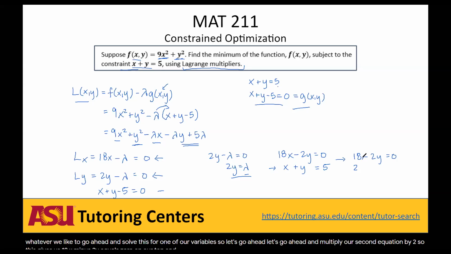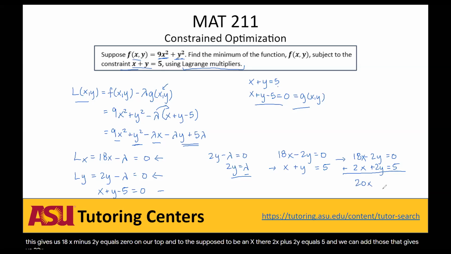And 2x plus 2y equals 10. And we can add those. That gives us 20x plus 0y, since our y terms cancel out here, equals 5. So therefore x equals 5 over 20, which is also equal to 1/4.